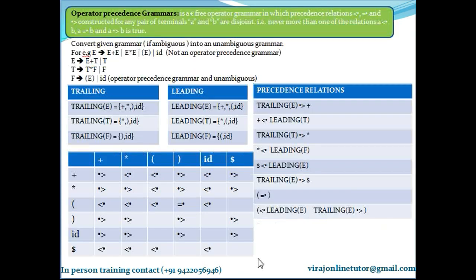Simple. So that was one approach. When operators are given to you and their precedence relations and associativity are given, you have to follow the previous algorithm to construct the operator relation table, the operator precedence table.